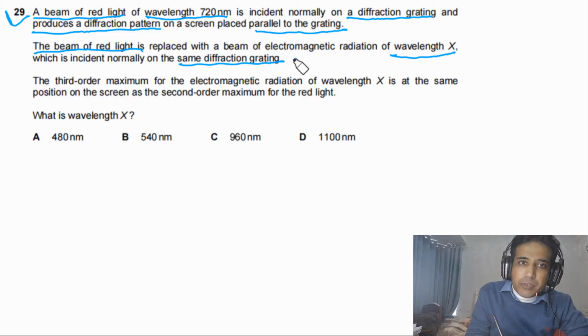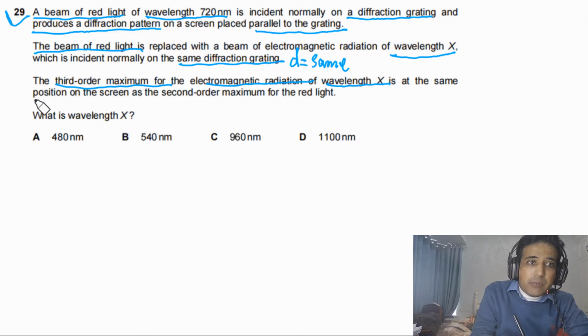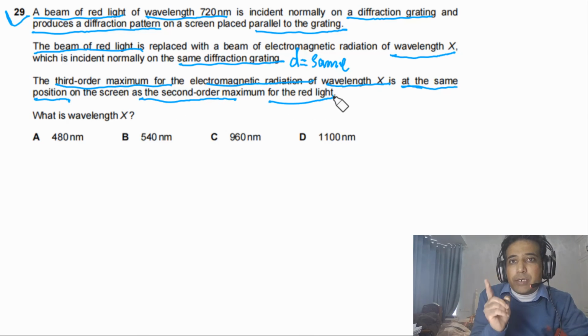Same diffraction grating means that d is the same, the slit separation is the same. The third order maximum for the radiation of wavelength X is at the same position, very important, as the second order maximum for the red light.